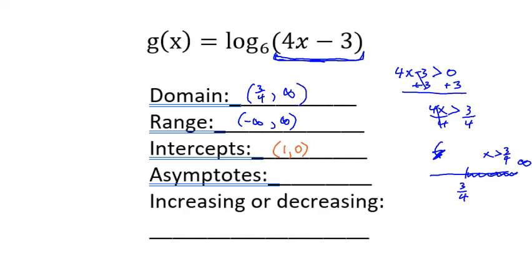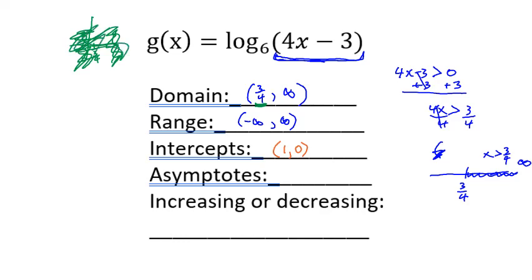So the domain would be from 3/4 to infinity. Remember that this particular value means that we will not have anything on our graph, any x value, that's going to be on this side of 3/4. Everything is going to be on that side of 3/4.